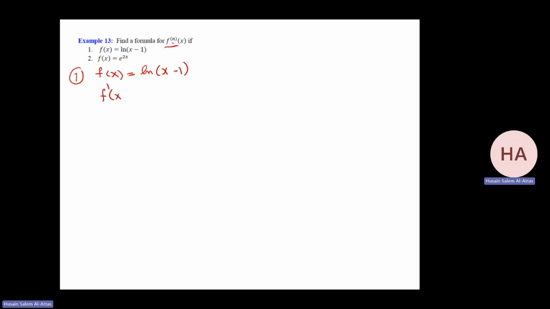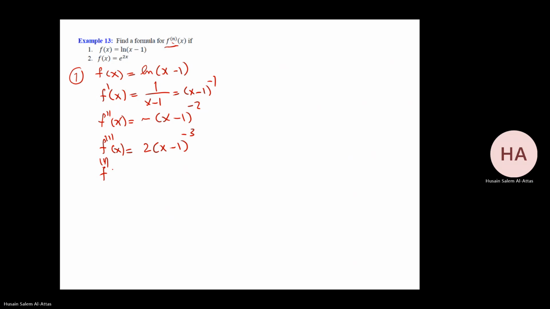What is f prime? 1 over (x minus 1). It's better to make it as a power, so you can easily see it. F double prime, it will be minus (x minus 1) to the power minus 2. Third, it will be 2 (x minus 1) to the power minus 3.